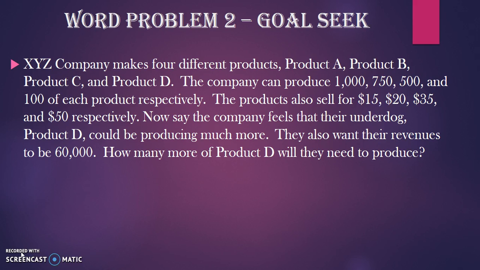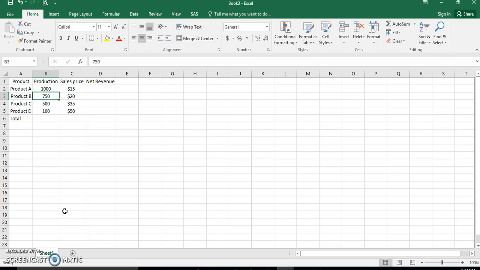So let's try to formulate this problem in Excel first. So let us try to set up the Excel sheet. We have 4 products. So product A, B, C and D, their production and their sales price. So from the question we have taken the values. Product A, the production is 1000, B 750, C 500, D 100.